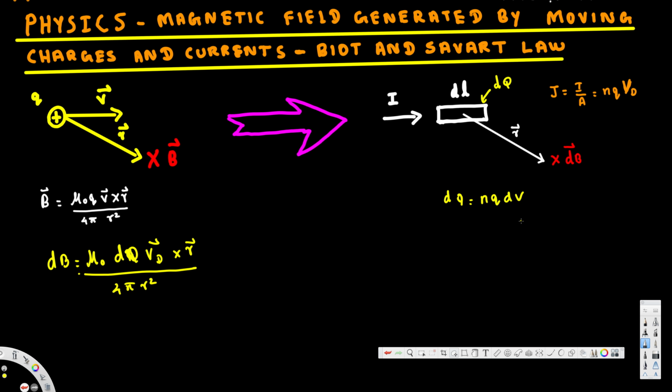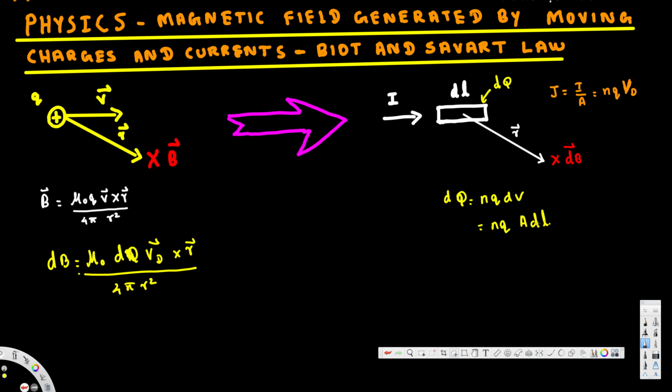Here n represents the number of particles per unit volume, and q is the charge of the particles, and dV is the volume. Also you can express the volume as A dl, because if you multiply the cross sectional area of this small segment with the length, that's going to give you the volume, right? So nqA dl is also another equation for this small charge dq.